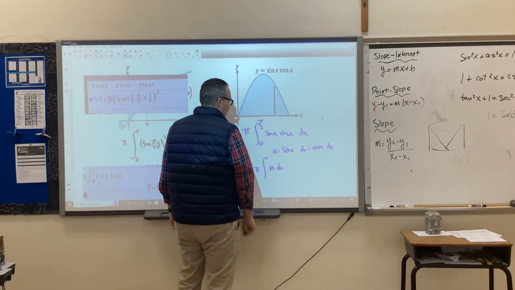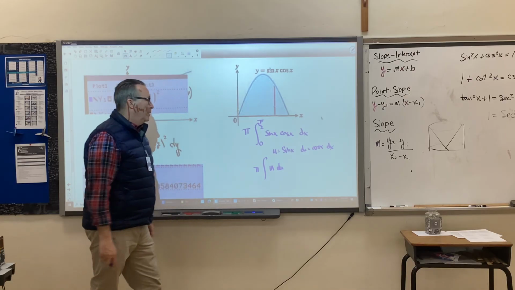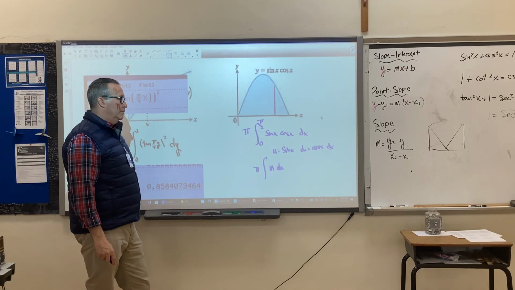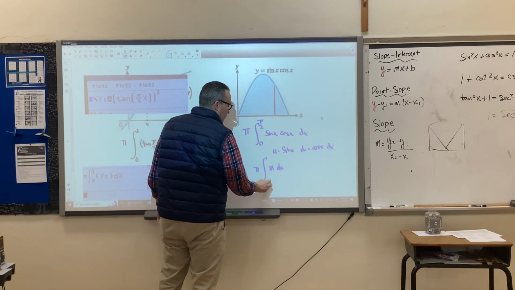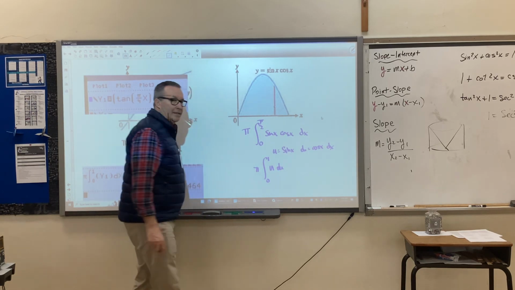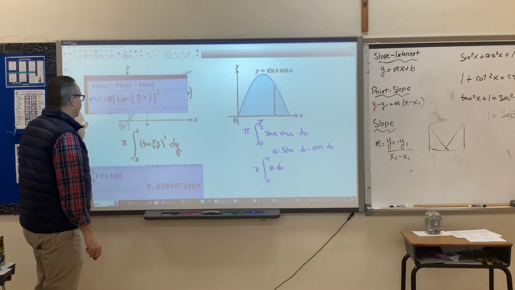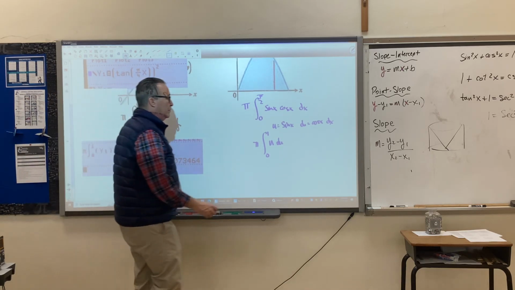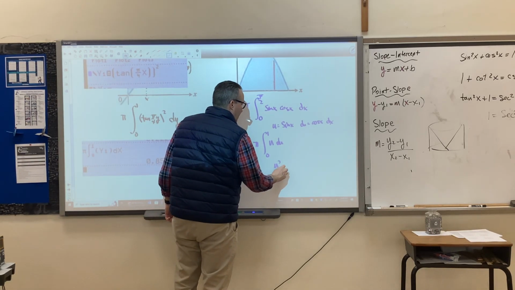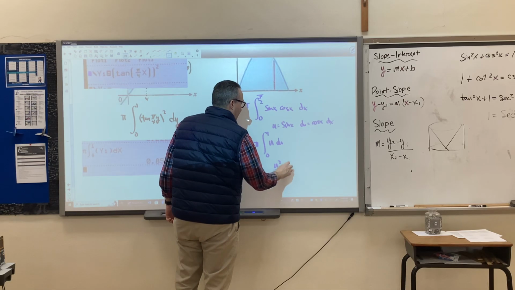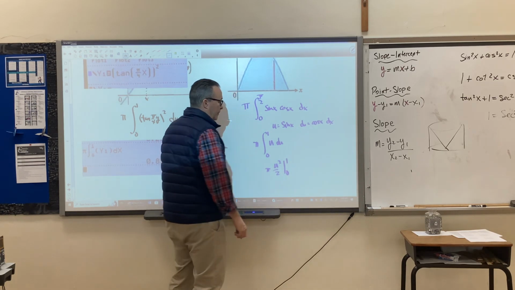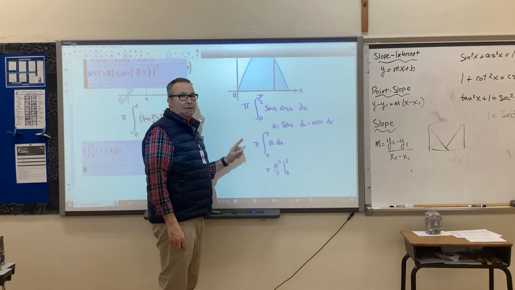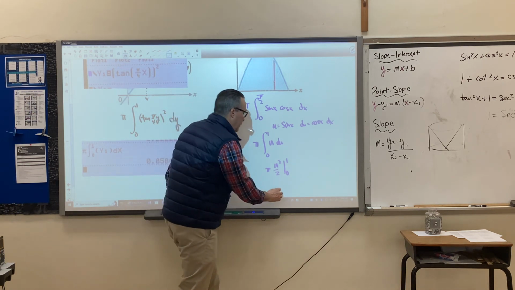We want the interval. What's the sine of 0? 0. What's the sine of pi over 2? 1. That would be easy, right? U squared over 2, evaluated from 0 to 1 times pi. Plug 1 in, get 1/2. Plug 0 in, get 0. Pi over 2 is the answer.